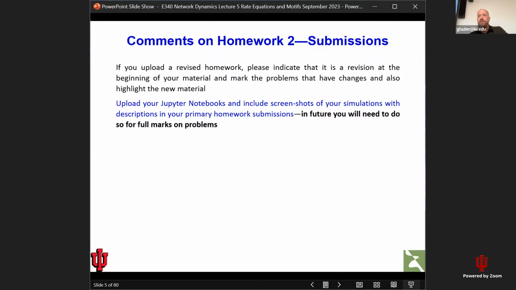So please indicate what you changed, so that when I'm regrading it, because we don't have an assistant, I'm a little more efficient at doing that, because I want to make sure that you get the credit for what you've done. All right. And also, please do remember to upload your Jupyter notebook for computational problems.